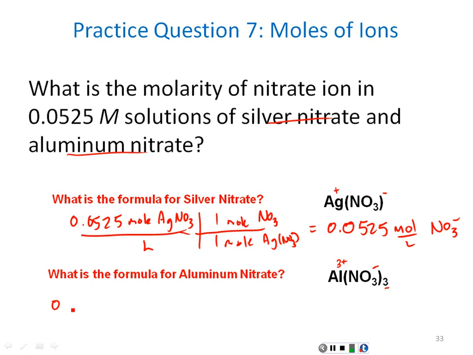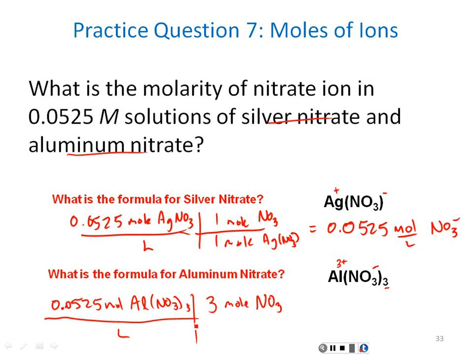Now aluminum, we do the same process. 0.0525 moles of Al(NO3)3 per liter. We multiply by the mole ratio, but now we have 3 moles of NO3 in every mole of Al(NO3)3. How do we know that?